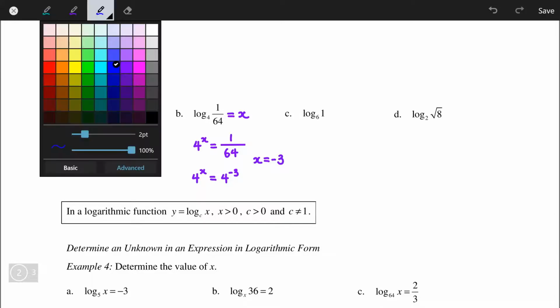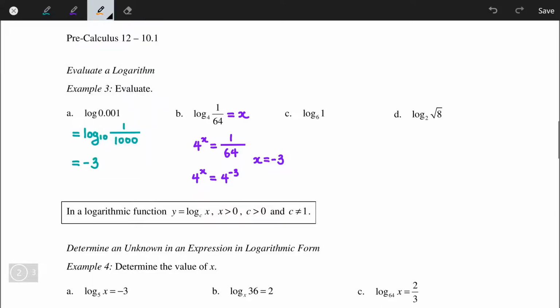Okay. Let's look at the next example. Again, we can set it equal to x. So here, 6 to the x power is equal to 1. And therefore, x must be equal to 0. And finally, on the last example here, again, we set it equal to x on the right-hand side.